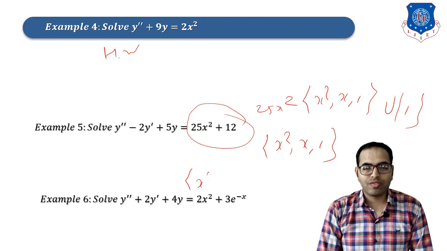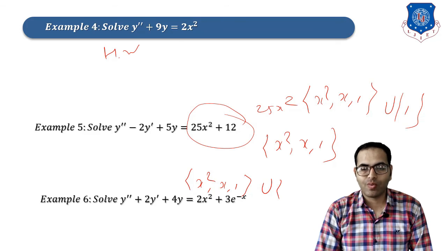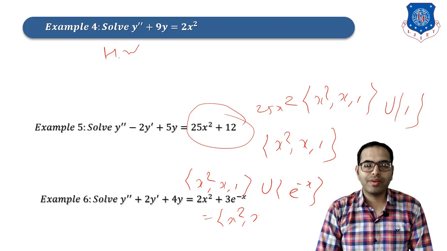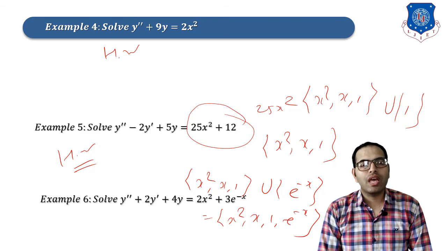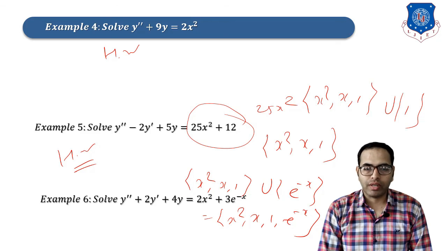Similarly here, find the families of x^2, x and 1, which is the family of 2x^2, union the family of e^(-x), and the total family is x^2, x, 1 and e^(-x). All these examples you can try yourself as homework.